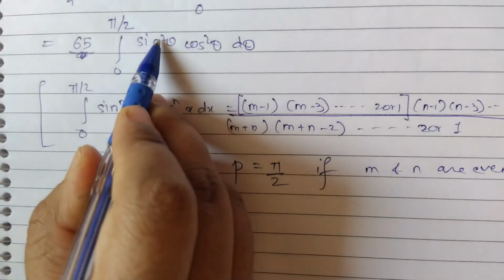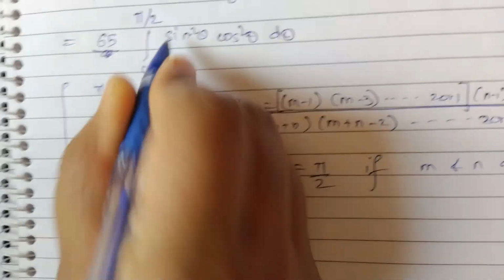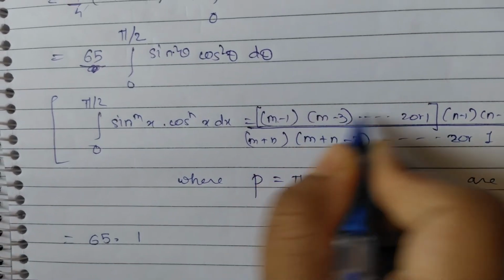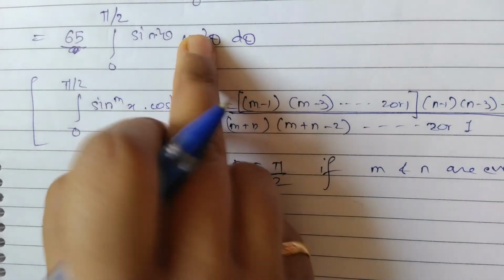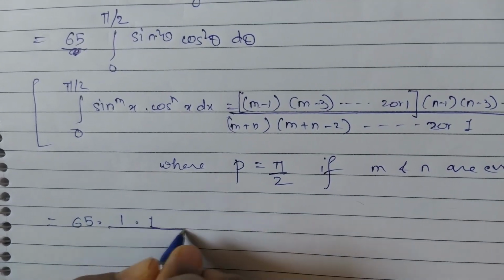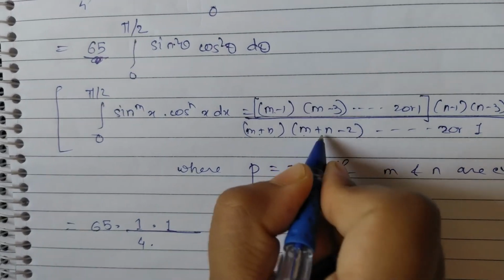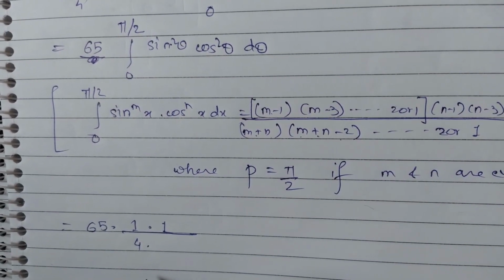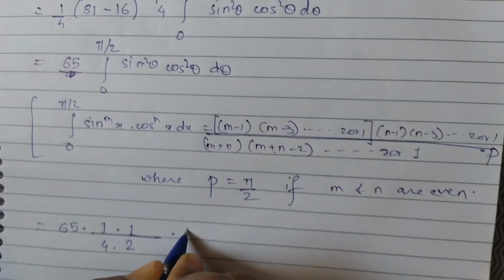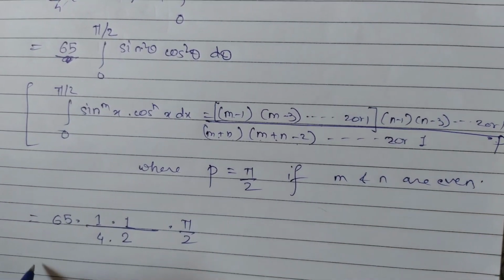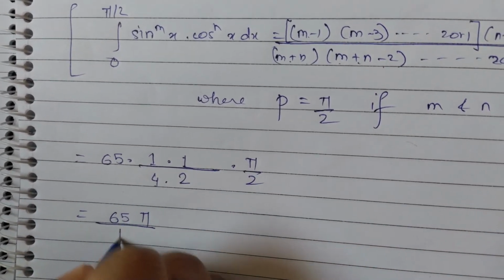Okay, so here we can say that both m and n are even. So this is 65 into m minus 1, 2 minus 1 is 1. Then m minus 3 will not go. Okay, next n minus 1, that is 2 minus 1, that is 1, upon m plus n, 2 plus 2, 4 into m plus n minus 2, that is 4 minus 2, that is 2, into p is pi by 2 because both m and n are even. So this is 65 pi upon 4 into 2 into 2 is 16.